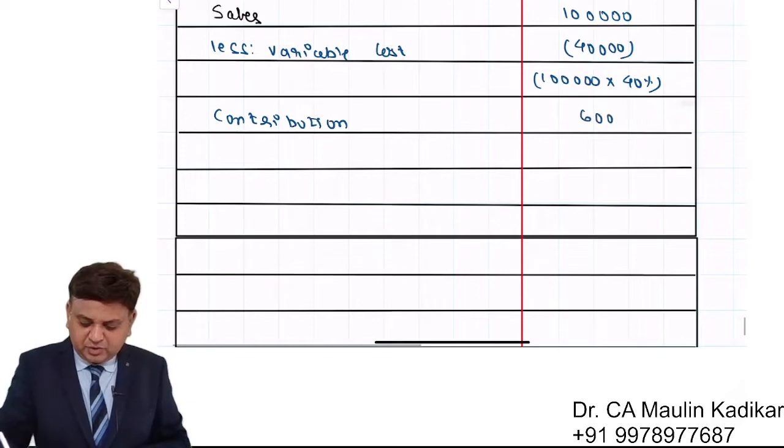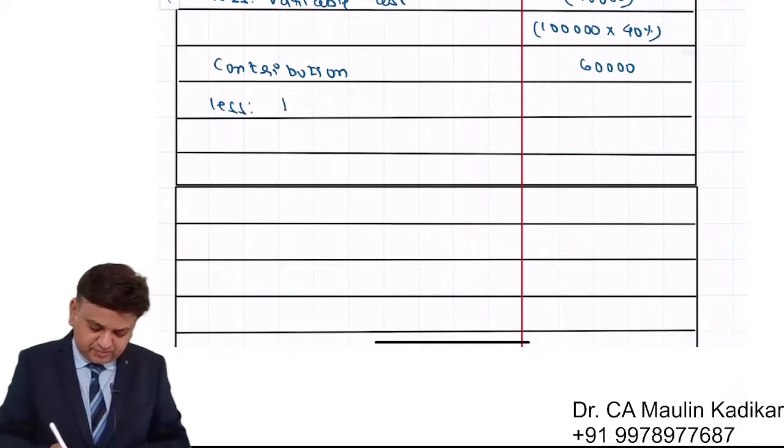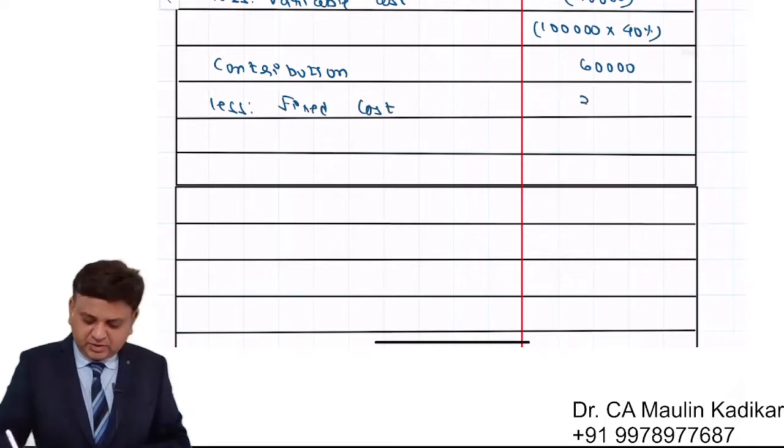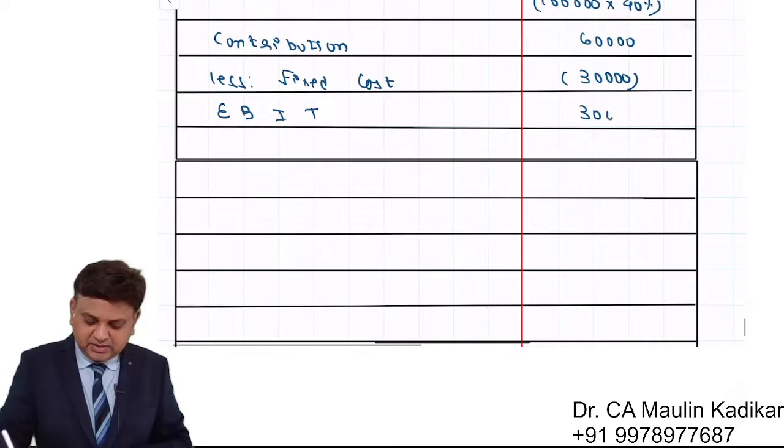Difference of both of them is contribution, 60,000. Less fixed cost, it is an amount of 30,000. Earning before interest and taxes, it is 30,000.